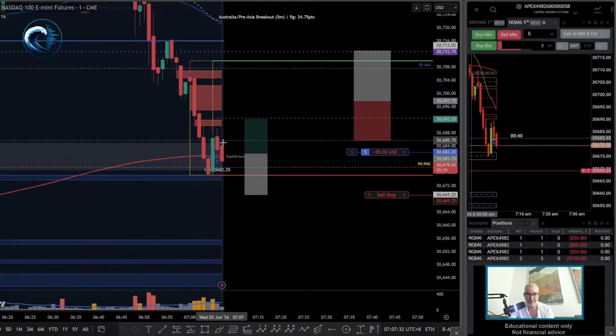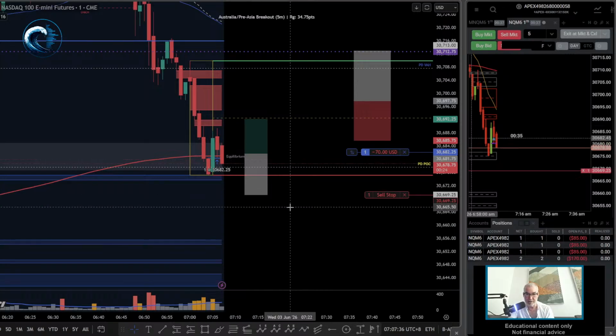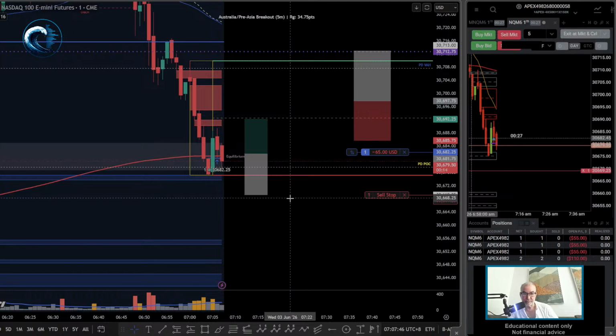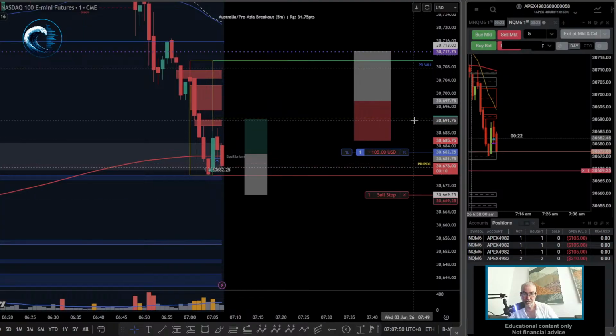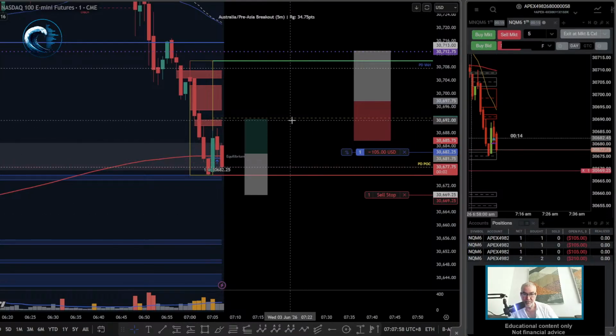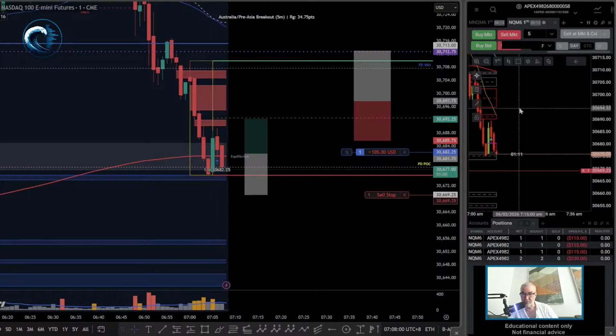Now, I could easily, this is what I'm saying, don't follow my trading. I'd go a bit on gut feel as well as follow a strategy. I haven't set my stop loss yet, or my take profit yet. But I'm looking at this area, 692.